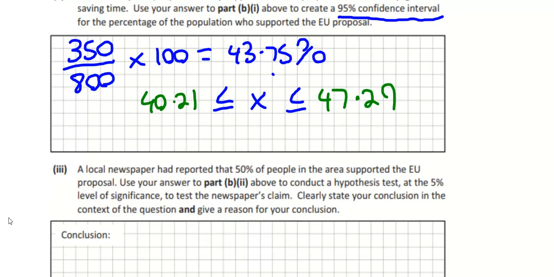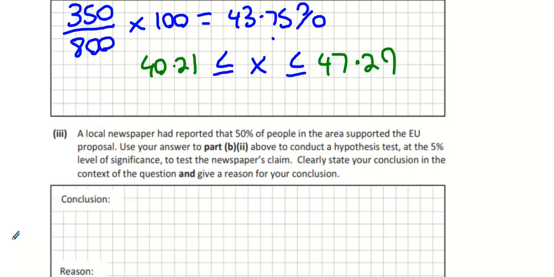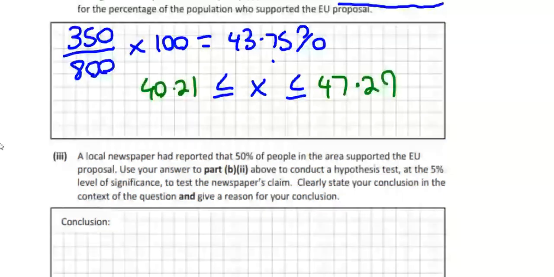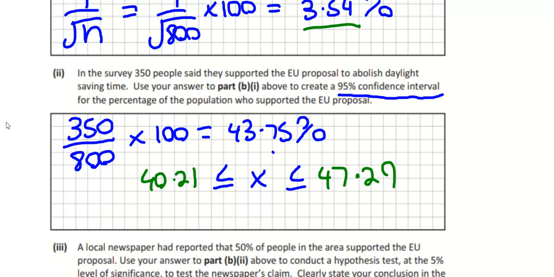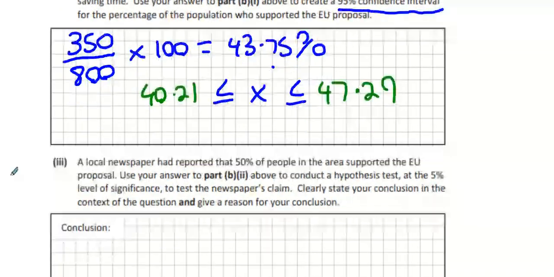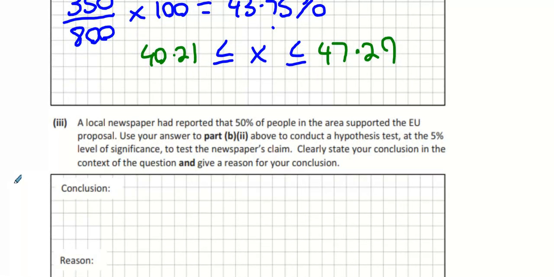A local newspaper has reported that 50% of people in the area support the EU proposal. The proposal is to change daylight savings time. Now, just reread this. All right, we've got to conduct a hypothesis test at the 5% level of significance.